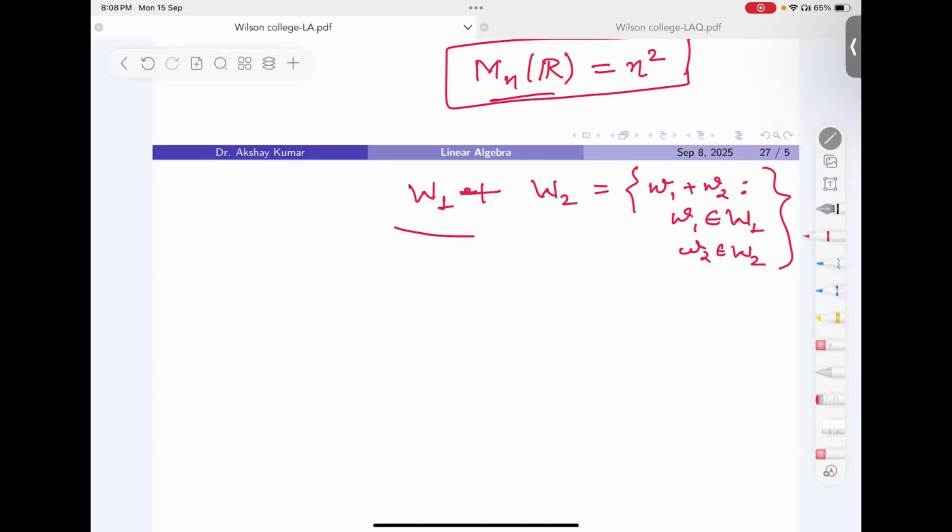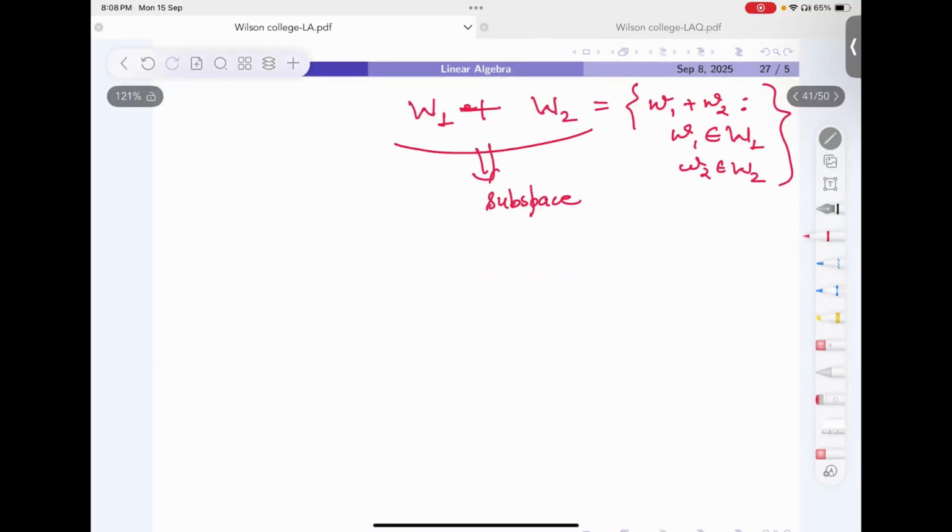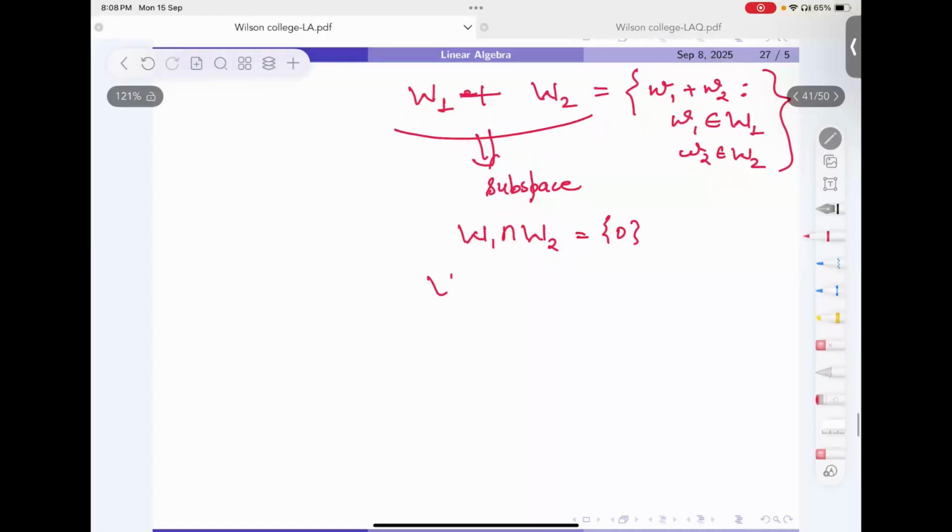You can check that this addition will always form a subspace. And if W1 intersection W2 is 0, then we write V as W1 direct sum W2.